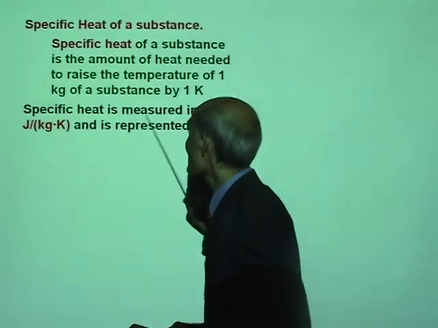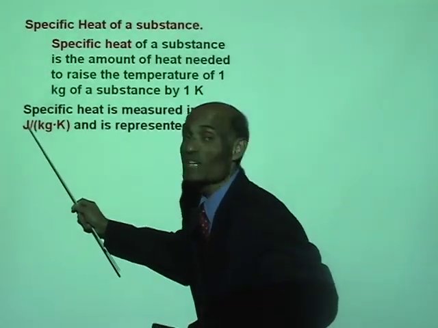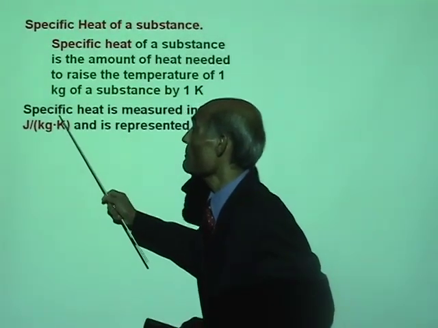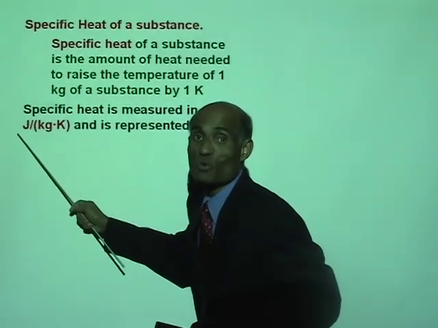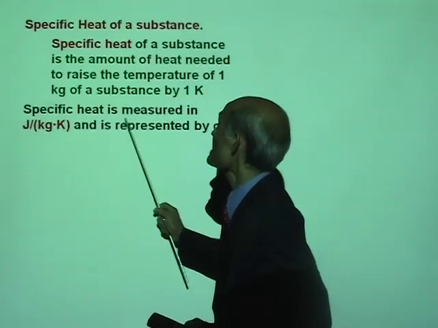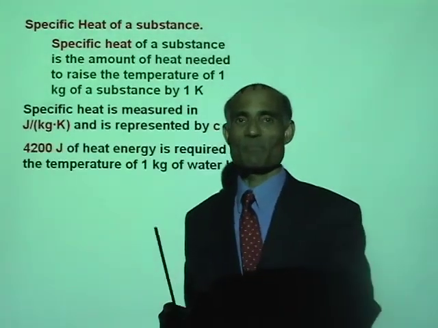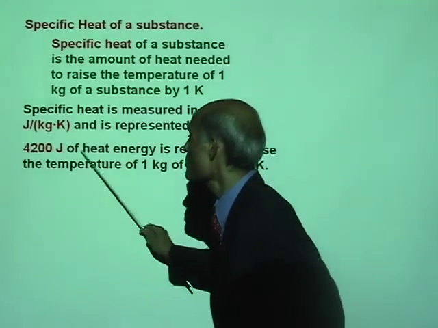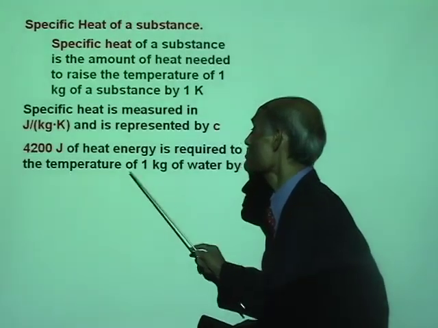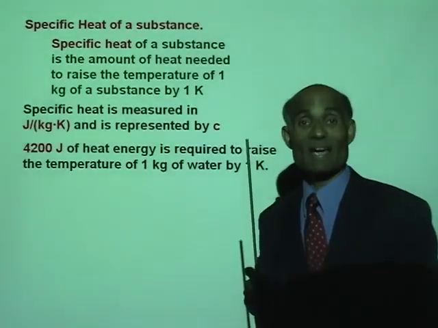So, specific heat is measured in a unit. Look at this. The amount of heat needed to raise the temperature of 1 kilogram by 1 Kelvin: joules per kilogram per Kelvin. And we represent specific heat by the lowercase c. 4,200 joules of heat is required to raise the temperature of 1 kilogram of water by 1 Kelvin.